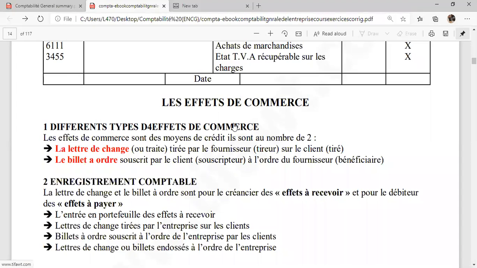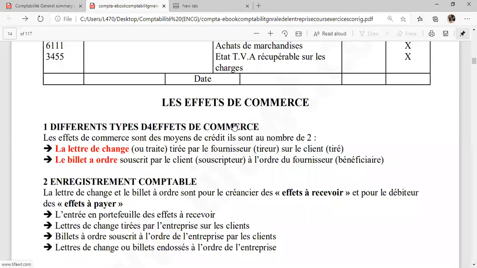The first thing is that les effets de commerce are a method of payment. They are a credit method of payment where two or more parties are involved. The effet de commerce works as an assurance for the furnisher.